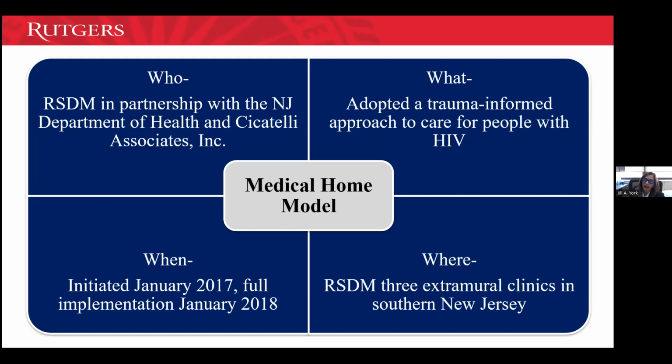And we are going to provide comprehensive and continuous care to our clients. And it didn't just mean oral health care. It means all types of care. We are going to try to help them remove barriers in other areas that would allow them to get access to this kind of care.